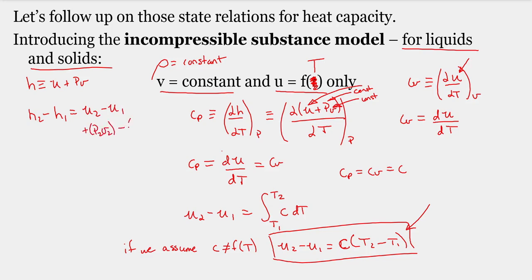P2V2 minus P1 specific volume 1, except, again, one of the fundamental assumptions of the incompressible substance model is that there's only one specific volume. And so I can simplify this into an expression that says this.